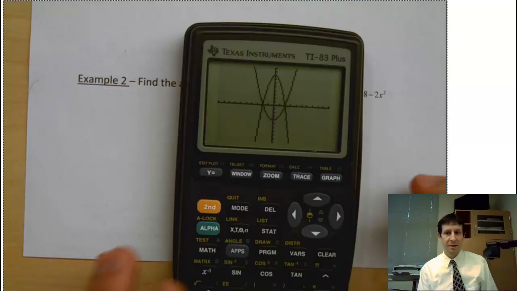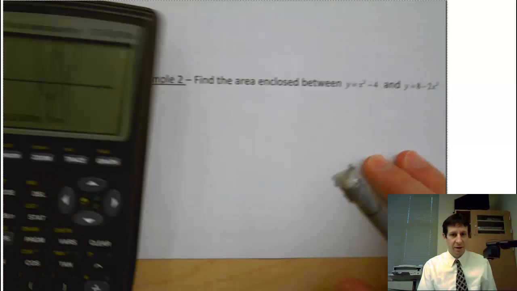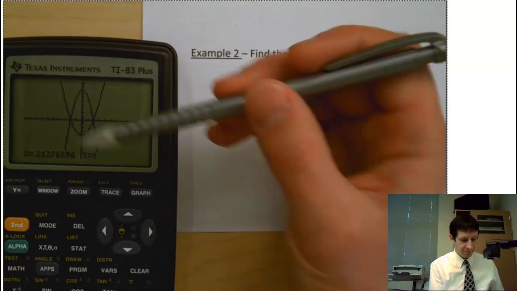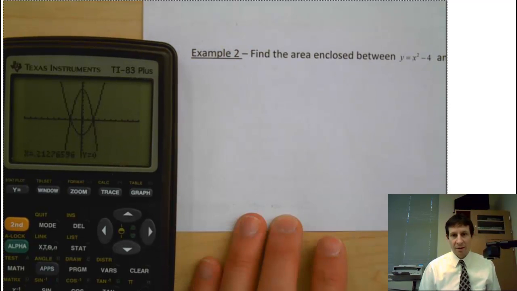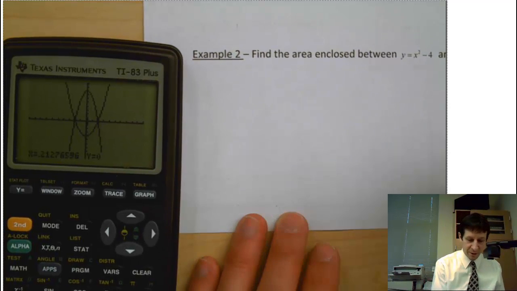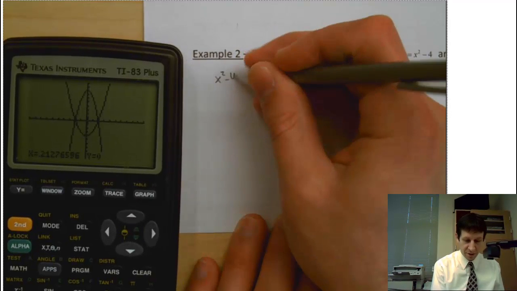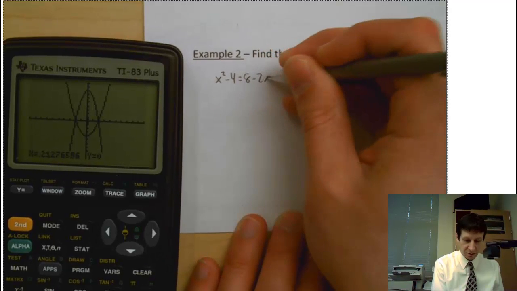If we're going to turn this into a calculator problem, remember the requirement: we're going to want to do a definite integral from here to here. Well, the calculator-ready step for that is we want to show that we're setting the two functions equal to each other. So I'm going to take x squared minus 4 and set it equal to 8 minus 2x squared.